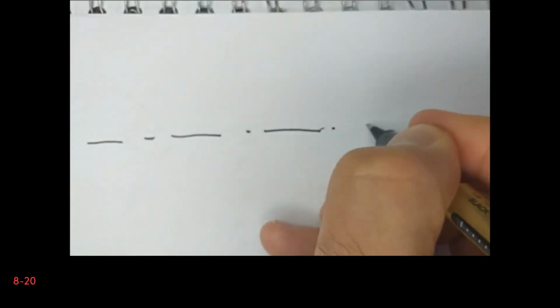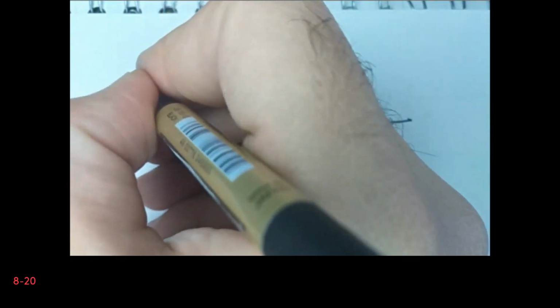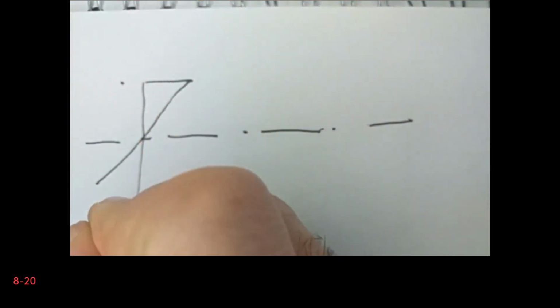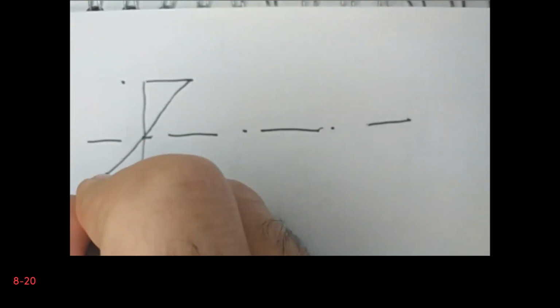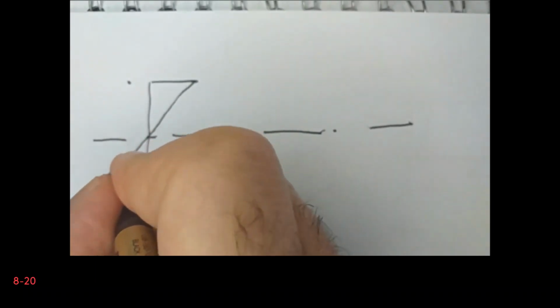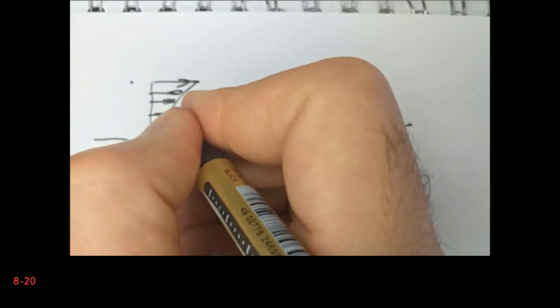So we have a tensile stress at the top of the cross section, and then we have a compressive stress at the bottom. This is due to the bending.